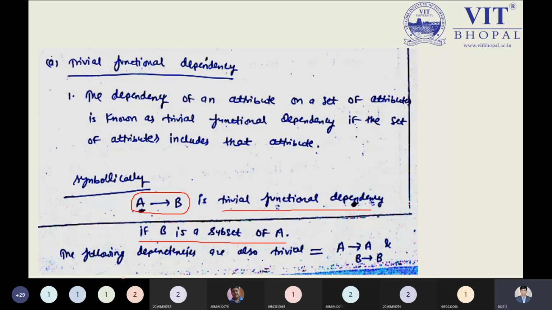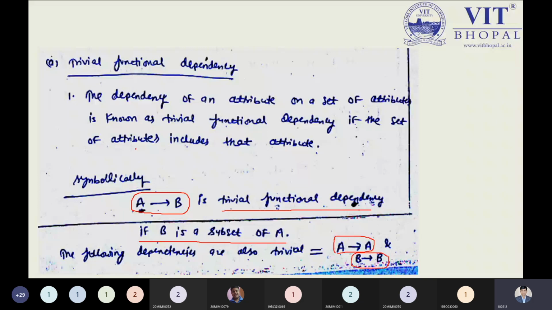The following trivial dependencies are also acceptable: A determines A, since an attribute can depend on itself, and B determines B is also acceptable as a trivial functional dependency.